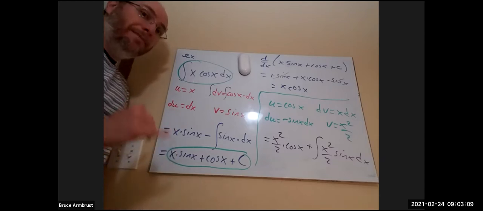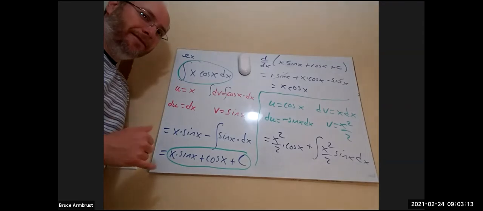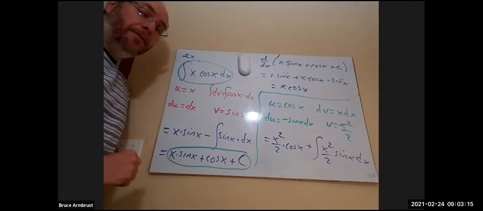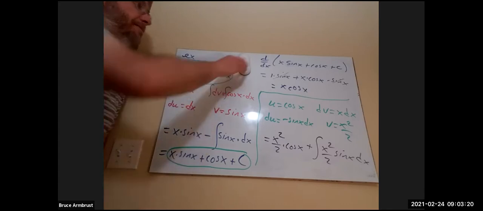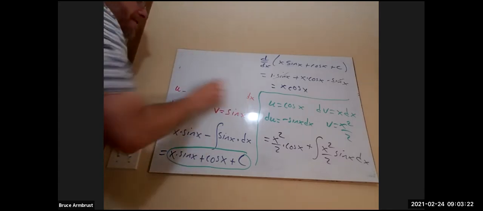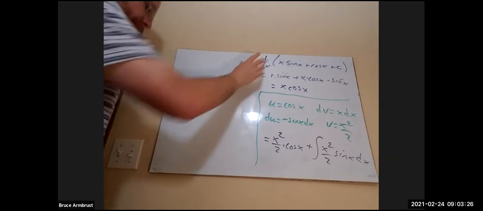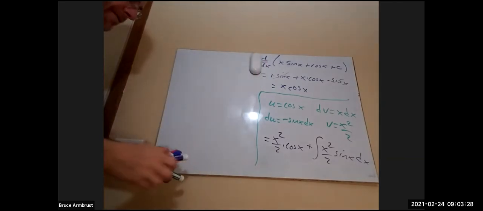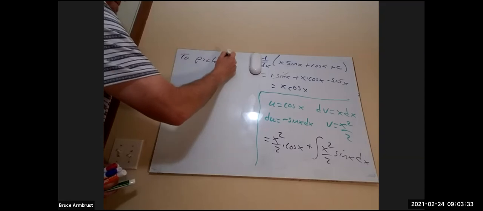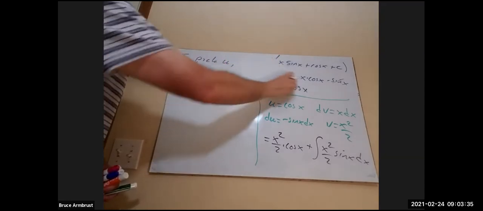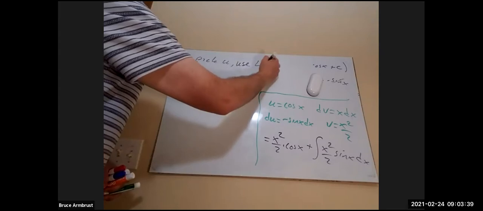But I can do you one better. I can actually give you a little mnemonic device, those little memory devices, to help you remember what order you should pick u. All right, so here it comes. When picking u, we're going to use what's LIATE.